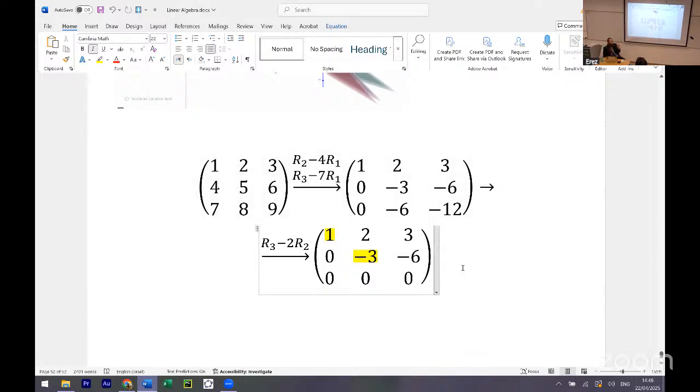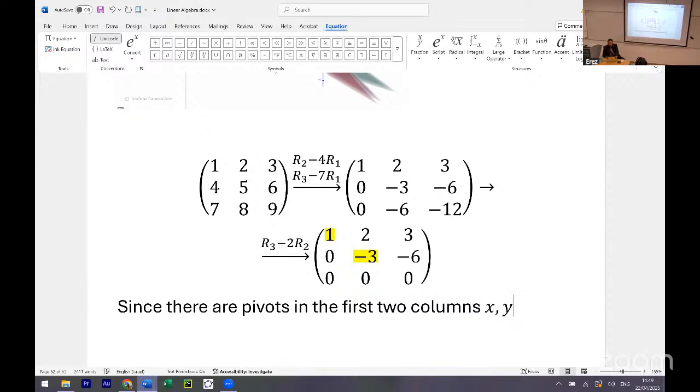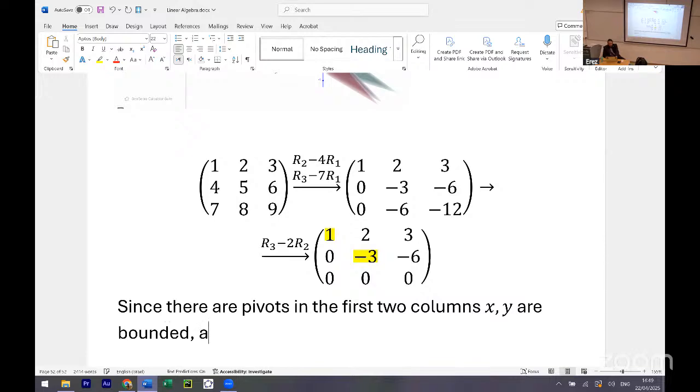Which variables are bounded and which variables are free? That is due to the pivots. Is there a pivot in the first column? Is there a pivot in the second column? Is there a pivot in the third column? No. Since there are pivots in the first two columns, X and Y are bounded, and Z is free.